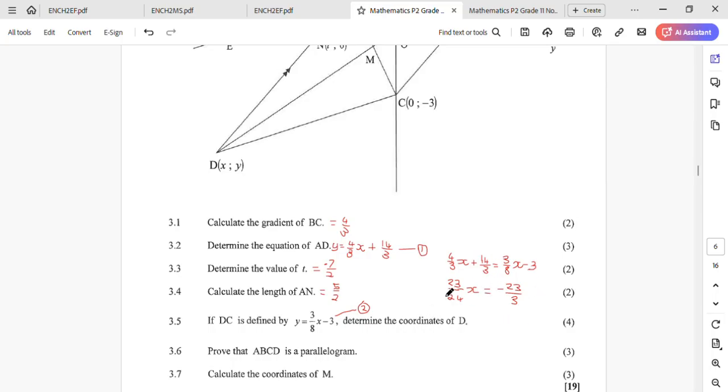Then you're going to multiply both sides by 24/23 to get your final answer.